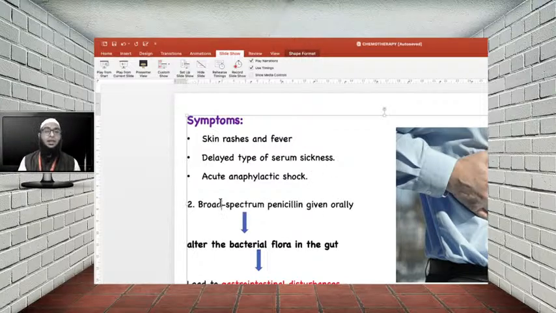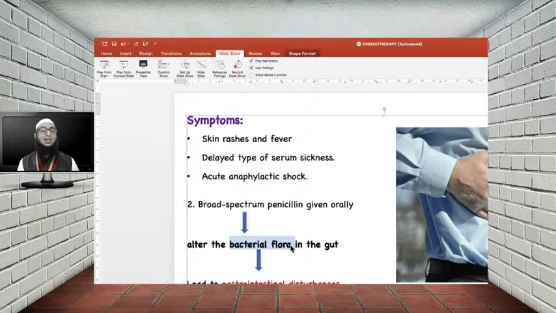The second unwanted effect is seen in the case of broad spectrum penicillin when it is given orally. Now, what happens when you give broad spectrum penicillin orally? You know that since it has an antibacterial effect, and in your GIT you have bacterial flora. These bacterial flora help you in digestion.